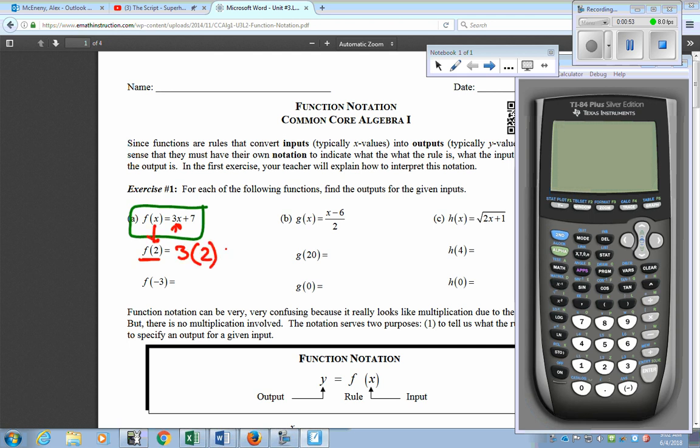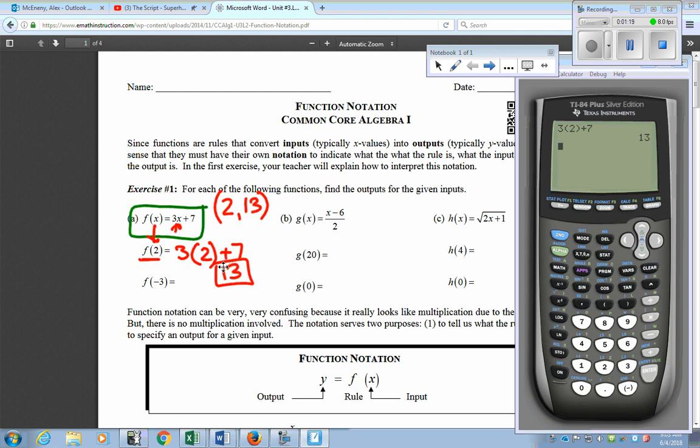Usually you want to use parentheses for that. So I would type in that expression, 3 parentheses 2 plus 7, and then hit enter, and the answer you get is 13. So if you put in the number 2, the answer you'd get out for this function would be 13, and that would also be represented in the table.